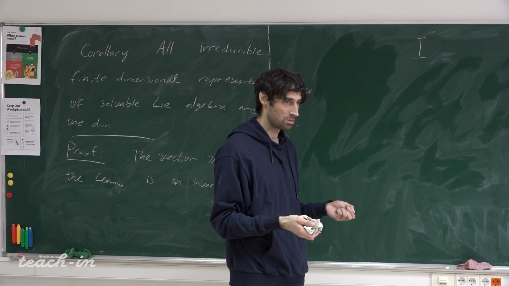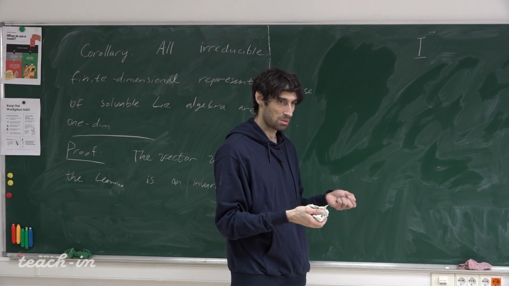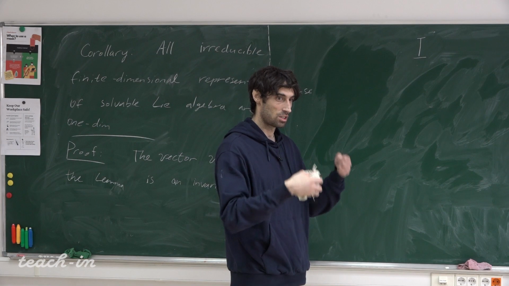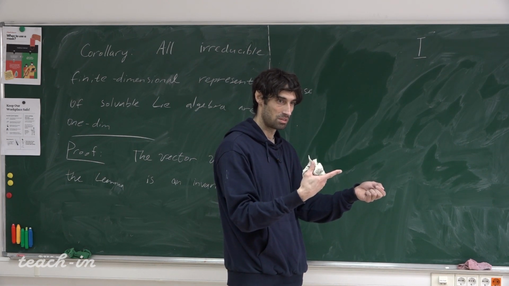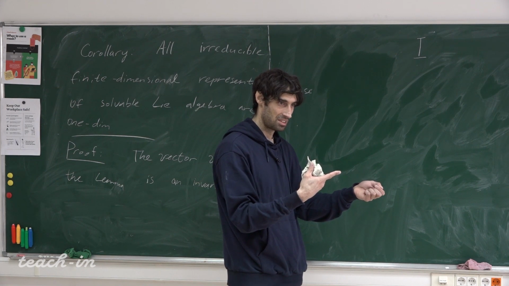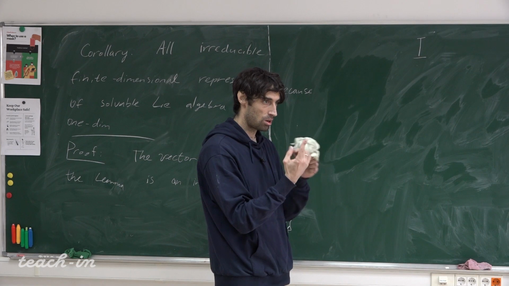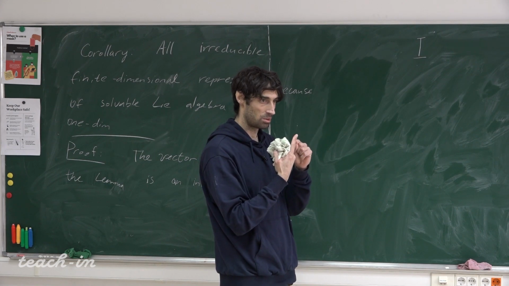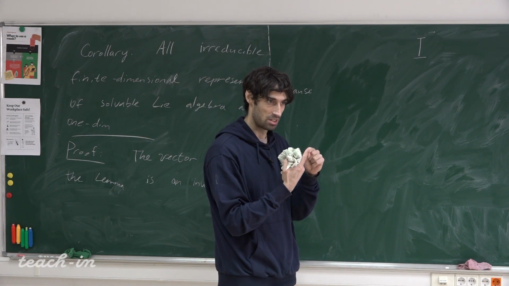But we know that the center of an algebra acts on an irreducible representation just by multiplying it by a number, right? So therefore, if I take one vector, the whole algebra will just act on this vector by multiplication by a number. So it doesn't move this, right?